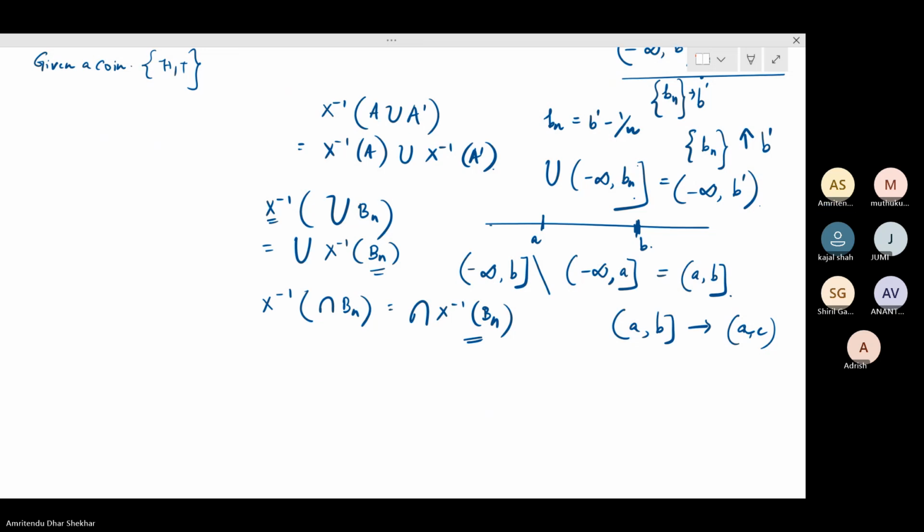Yeah, it's going to be true for both. If we take element wise, yeah, you can take element wise. Okay, let us just show this. Let's prove X inverse of union of Bn is equal to union of X inverse of Bn. Now let's say you take some element of this guy.